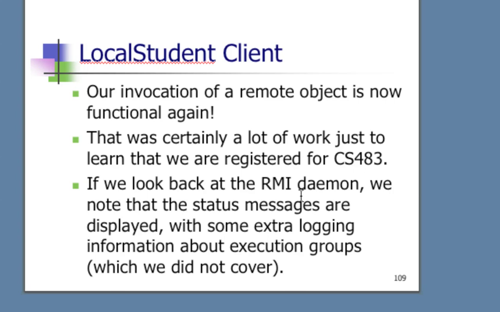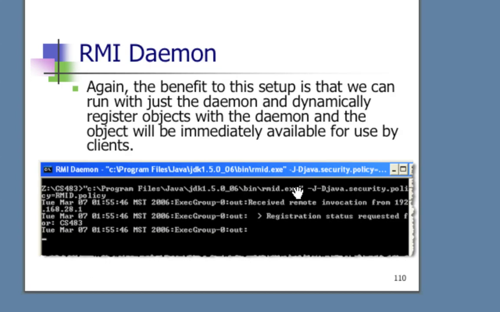Execution groups, we didn't really cover any of that. In fact, this was supposed to be our introduction and overview of RMI. What I'd like to do next time is present you with a lot more examples of breaking down the functionality, which is the purpose of the next class meeting, and to get into servlet technologies.